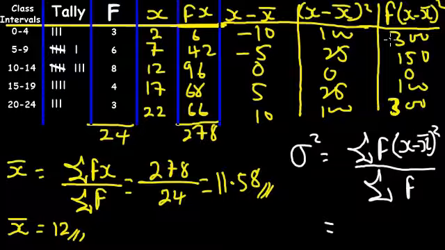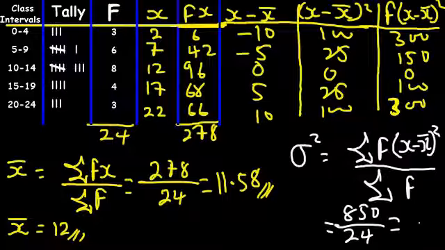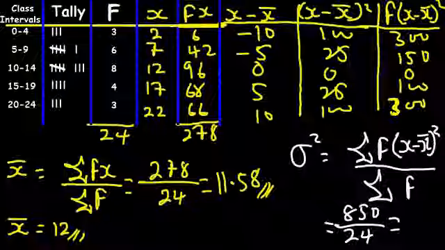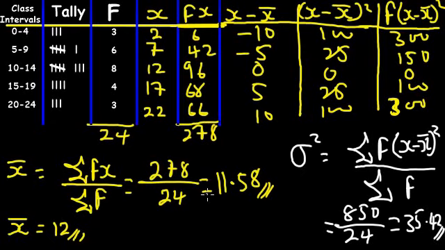For those of you wondering, I'm adding all the values in this column. So that will be 850 divided by the summation of f, which we've got to be 24. So 850 divided by 24, I got 35.42 to 2 decimal places. And that is our sigma squared, typically the population variance.